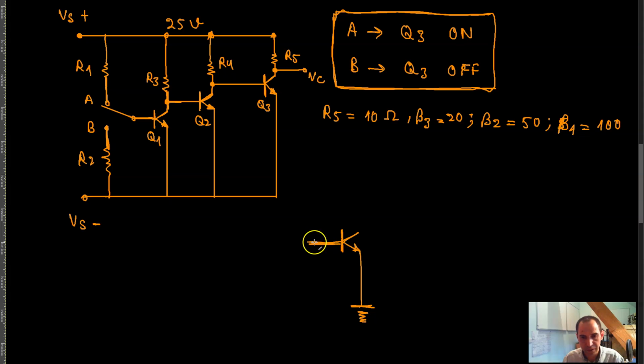For the base, you put a resistor over here so that you can control the current here, and you connect it to V of S positive. The collector, you connect to a resistor, and again connect this to the same power supply rail, the positive here, right?